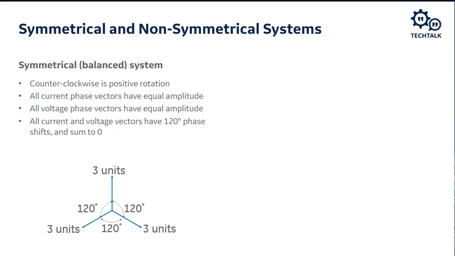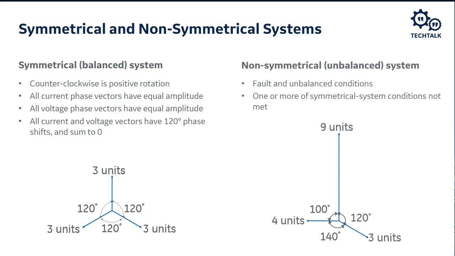Unfortunately though, not all power systems are balanced. So imagine that instead of this balanced three-phase system, our three-phase system looked more like what I show on the right, and let's imagine that those are our voltages.